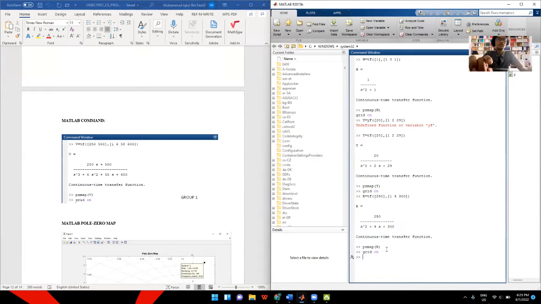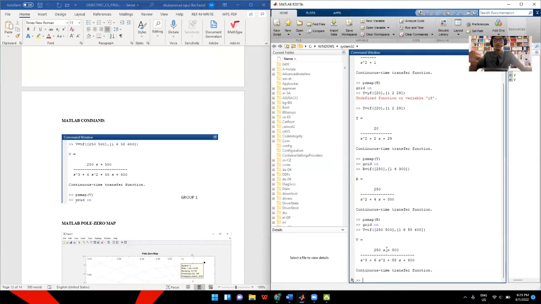Okay, so we just follow this MATLAB command. So this v will tf 250, 216, 600.